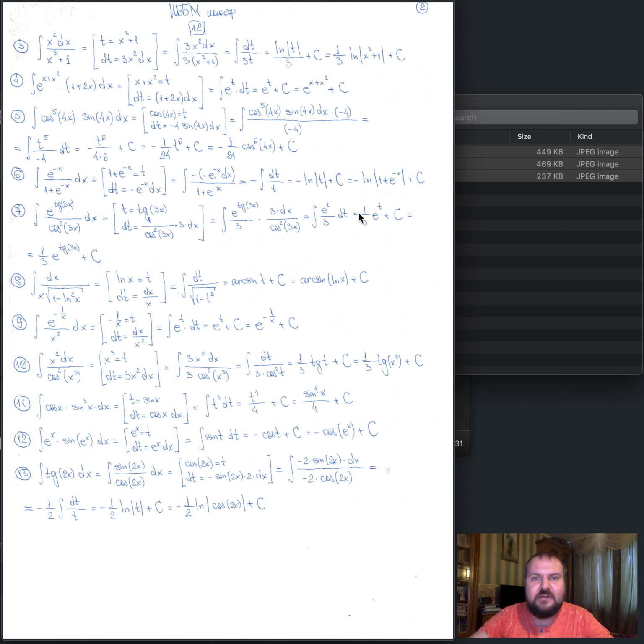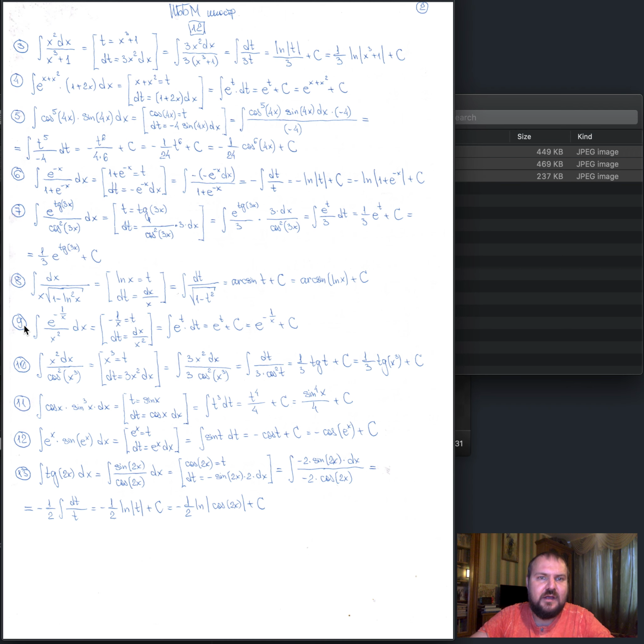Of course, the answer would be 1 by 3 e to the power t plus constant, and we return from the t variable to the x variable. Now the final answer would be 1 by 3 e to the power tangent of 3x plus constant.